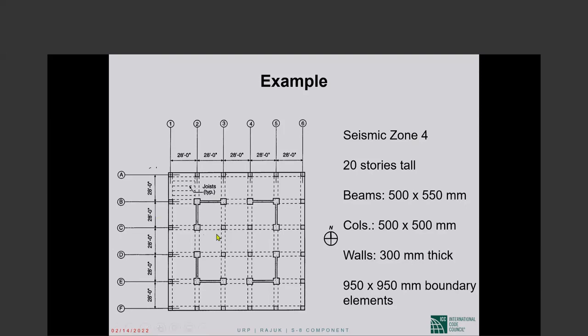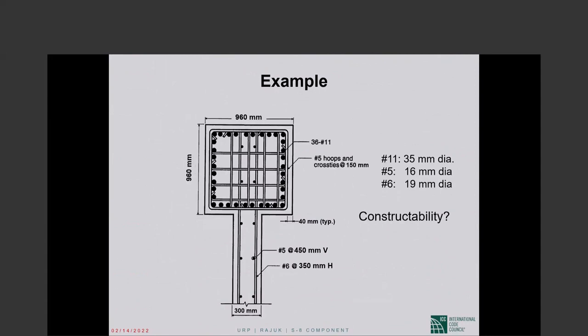The boundary elements, when we did our design, turned out to be 38 by 38 inches, 960 millimeter by 960, each with 36 number 11 bars.